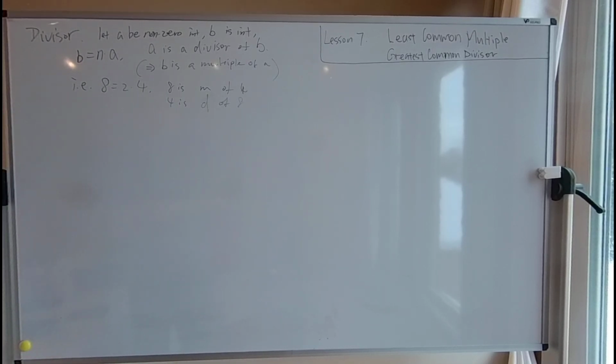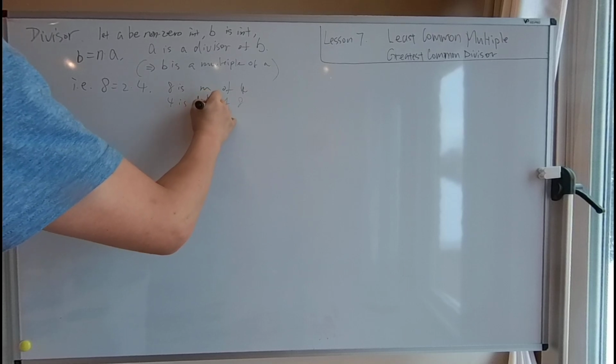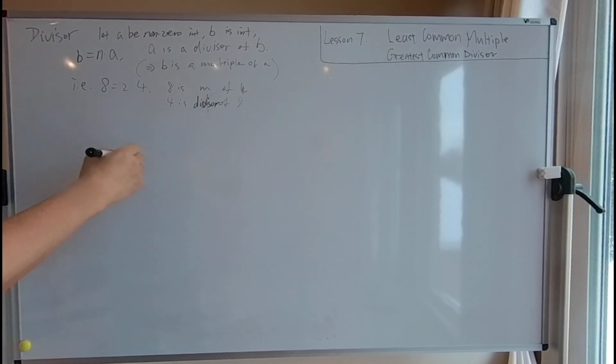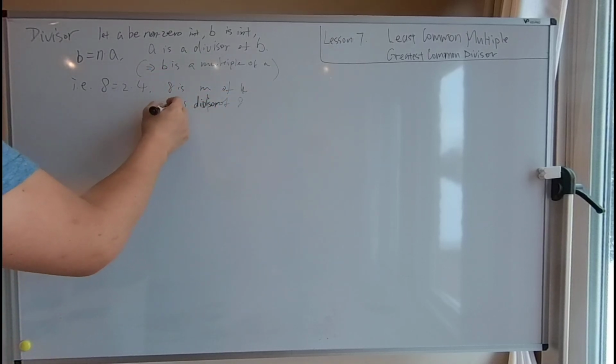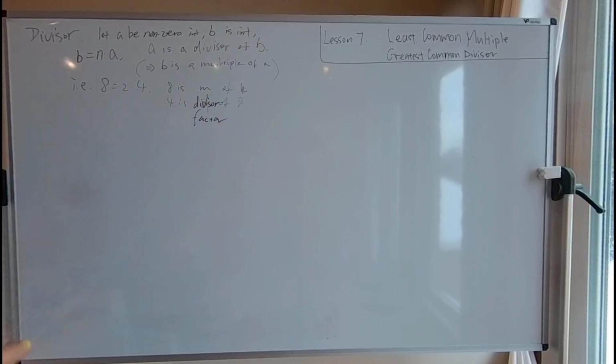And also there's some other way to express this relationship. Sometimes you will hear people say that number 4, for example, is a divisor of 8, right? Many times we also say 4 is a factor of 8, right? The same meaning.